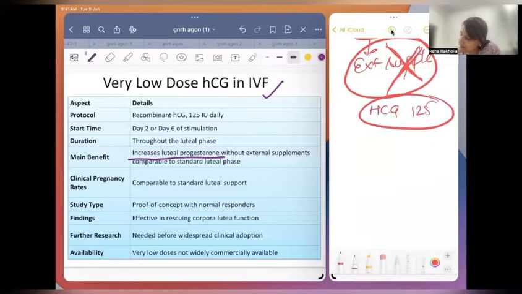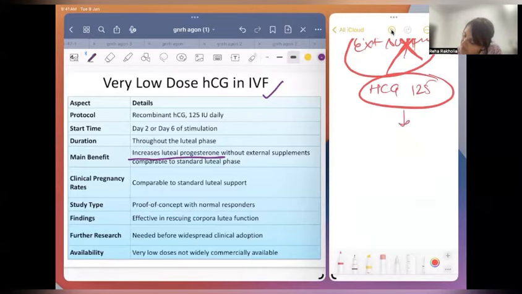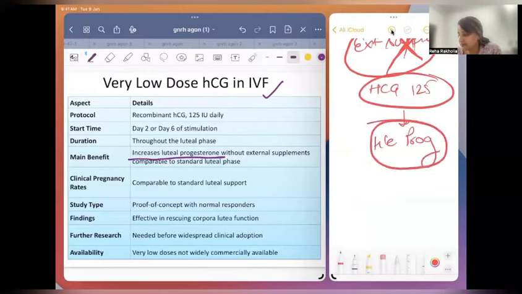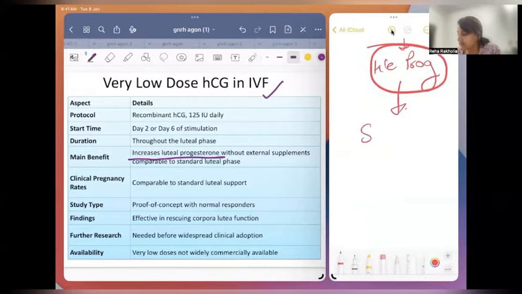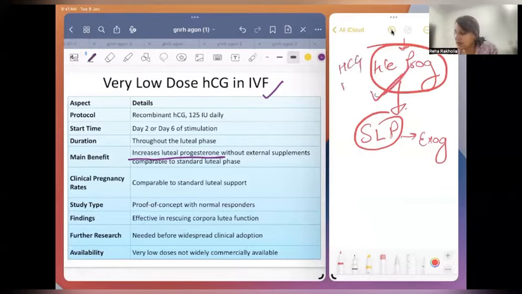So that means we have already reached a level of progesterone which is comparable to the standard luteal phase. In the luteal phase we are exogenously giving progesterone, but in this we are not giving progesterone, we are giving HCG, very low dose, 125 international units daily.